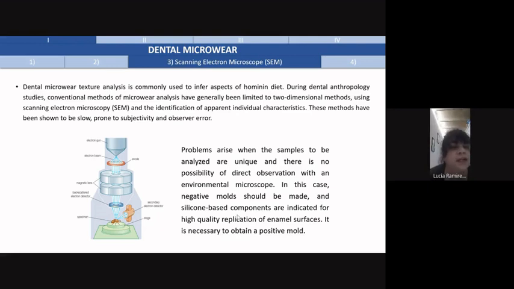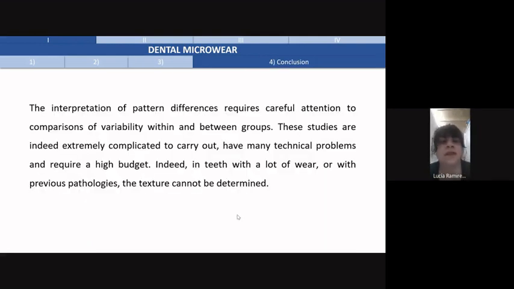During the dental anthropological studies, this method was generally very limited because these methods have been shown to be slow and have a very high ratio of error.